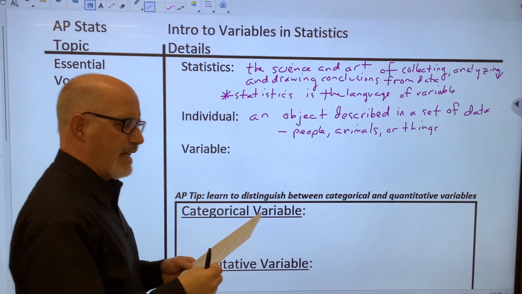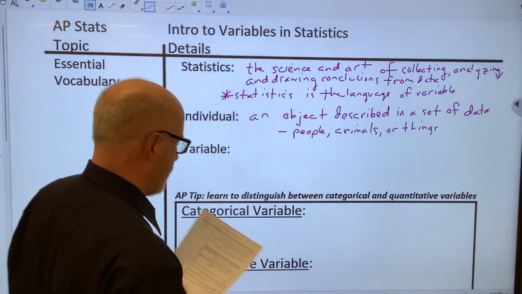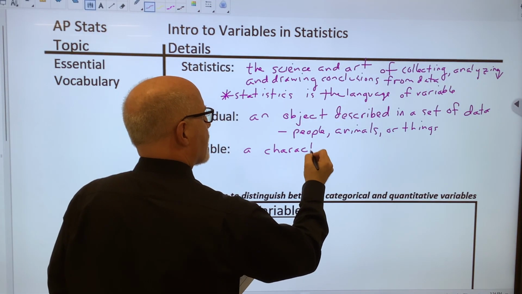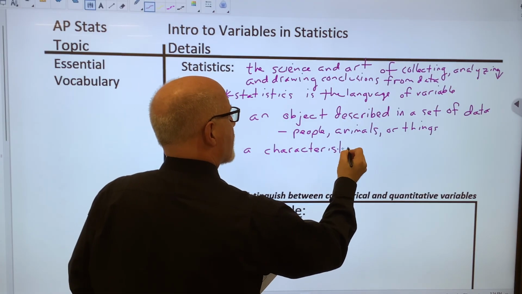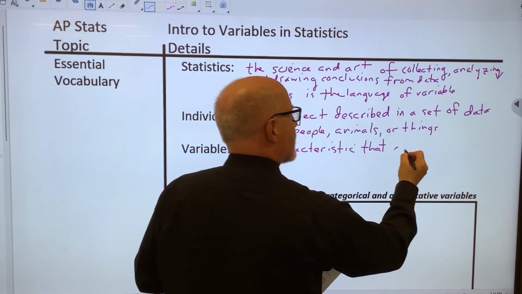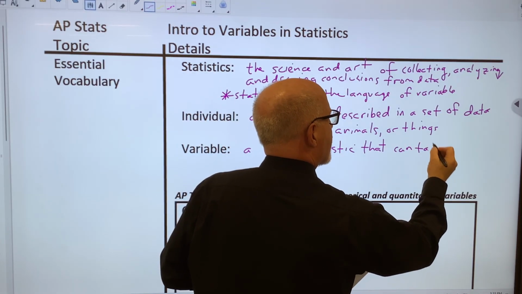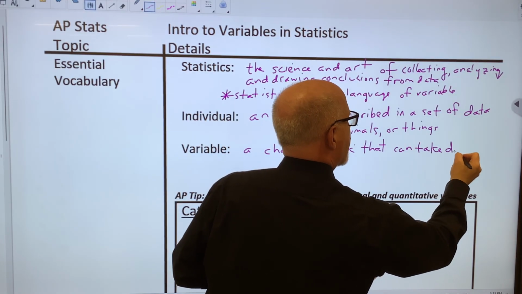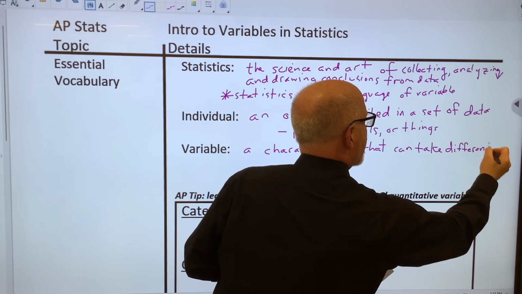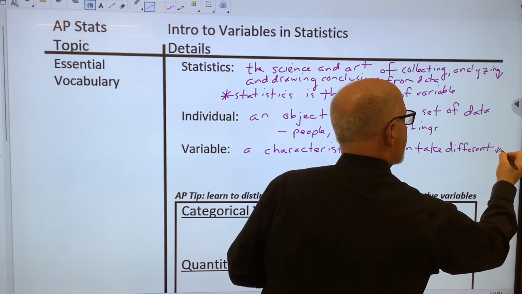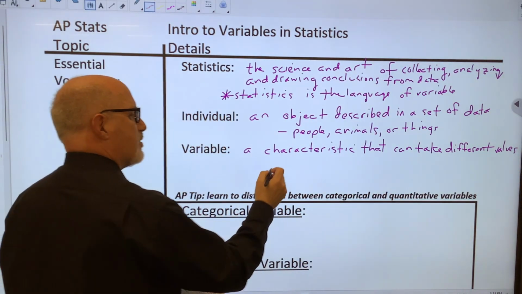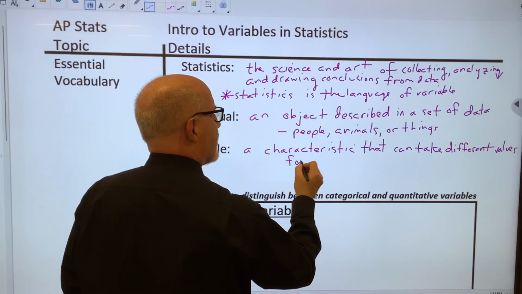Now, a variable is something that we're going to actually assign the data to. It's a characteristic that can take different values. The different values for the individuals.